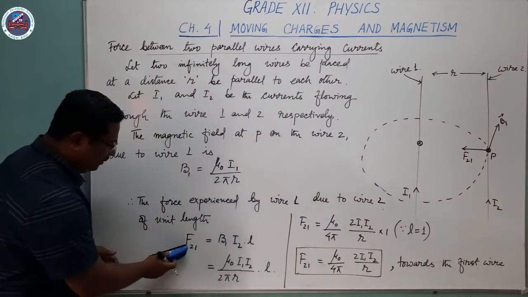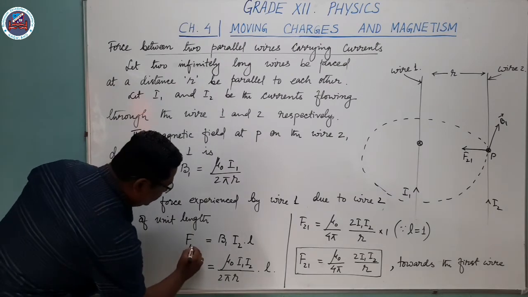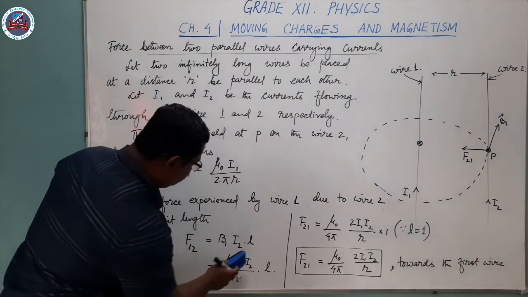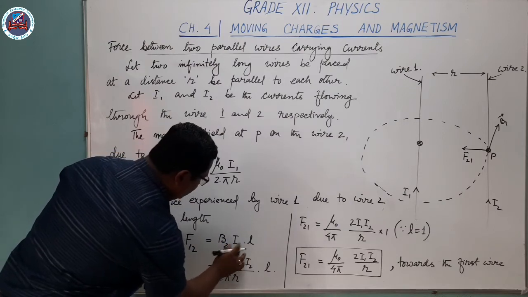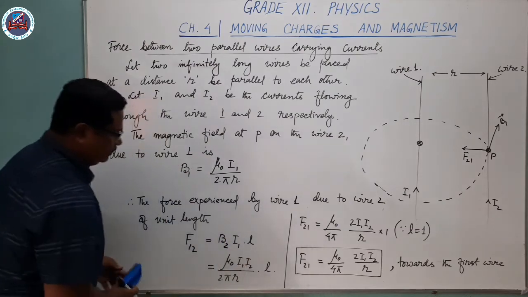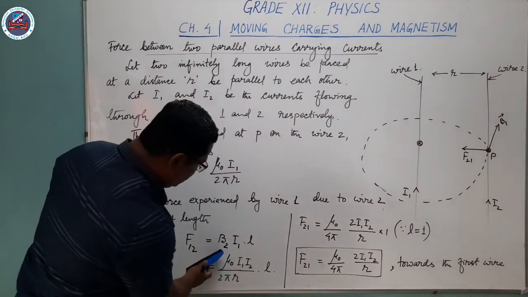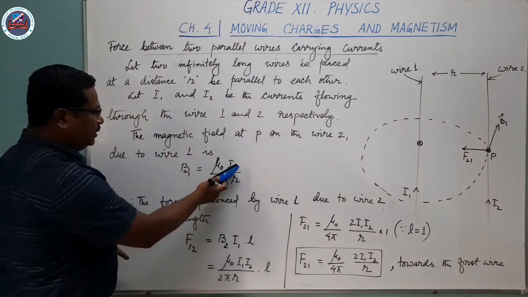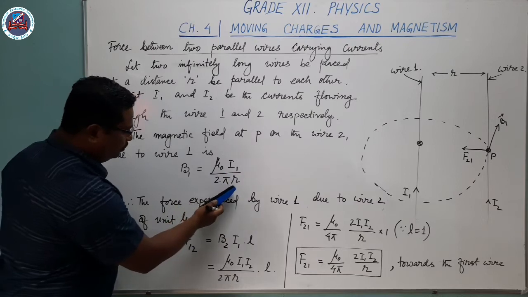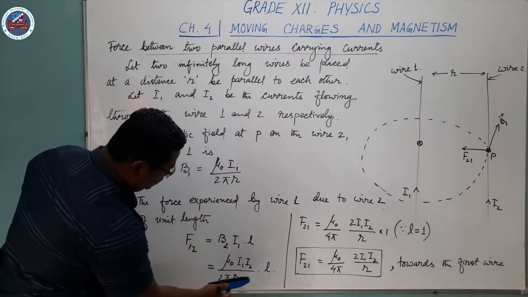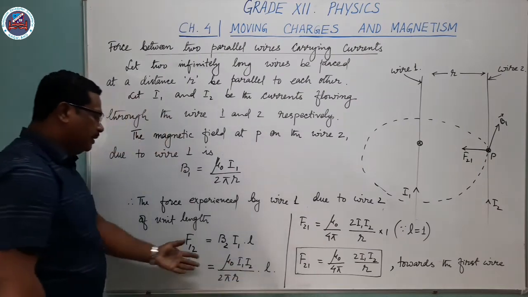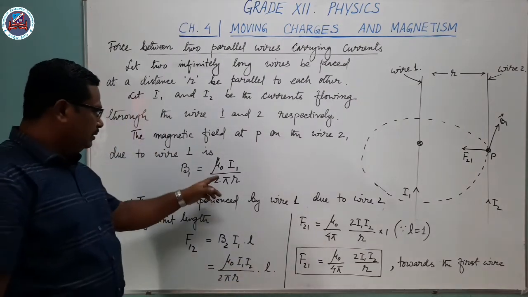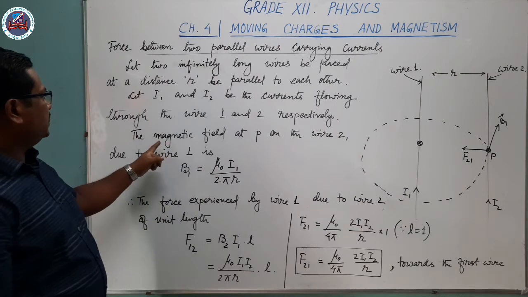Here the formula for F12 will become B2 I1, and ultimately B2 will be mu naught I2 divided by 2 pi r, then this I1 will come here in L. It will remain the same, only the magnetic field will have to start from here.